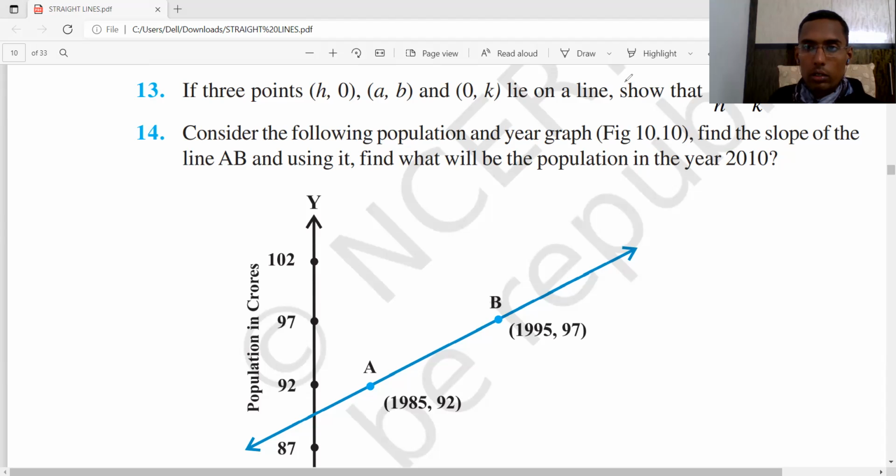One more important point is that 3 points are collinear, let's say. How do you prove 3 points are collinear with the help of slope?